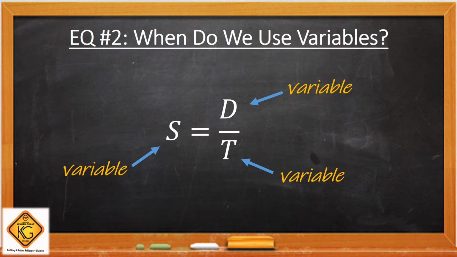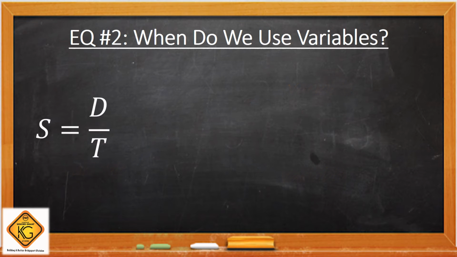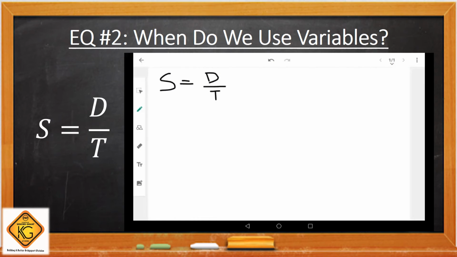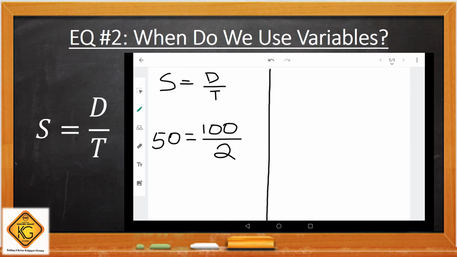In this case, the numbers can change over and over, but the statement will always be true for those numbers. Take for example, if speed, or S, was 50 kilometers per hour, when distance, or D, is 100 kilometers, then time, or T, would be 2 hours.